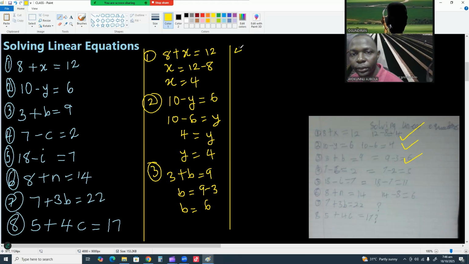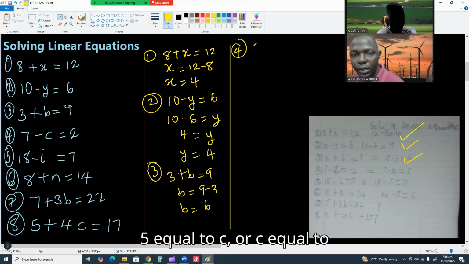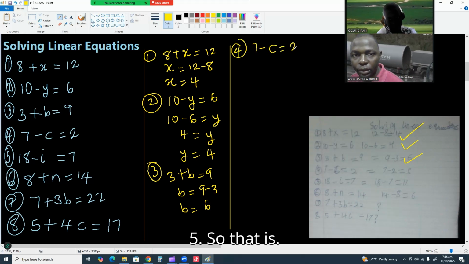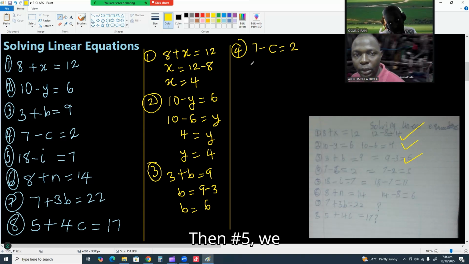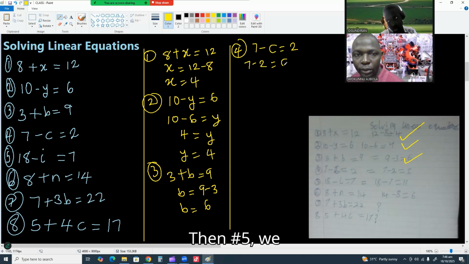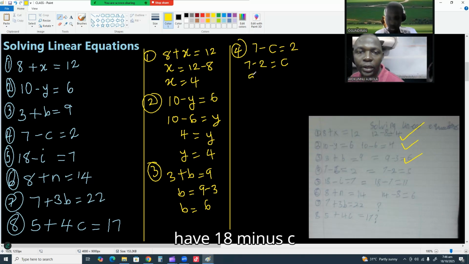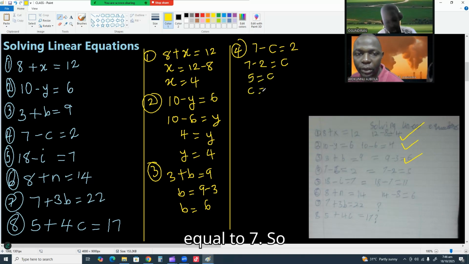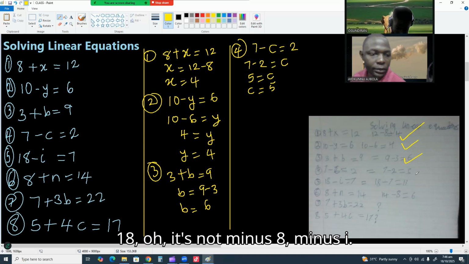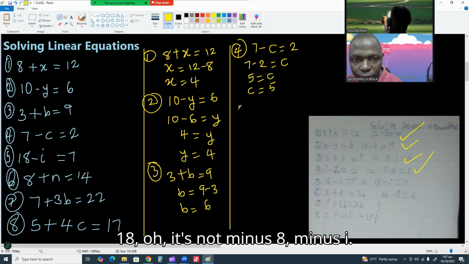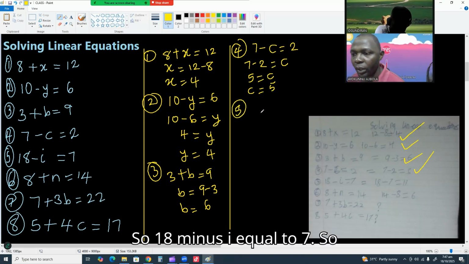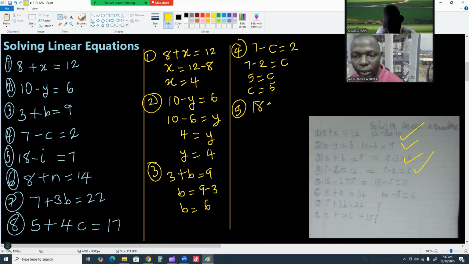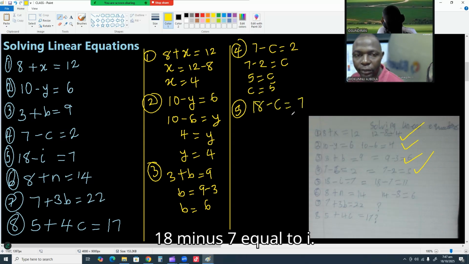Then number 4, we have 7 minus c equal to 2. So we can say 7 minus 2 equal to c, 5 equal to c, or c equal to 5. Then number 5, we have 18 minus c equal to 7.